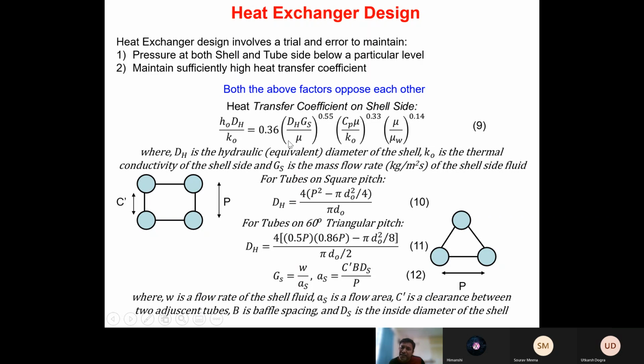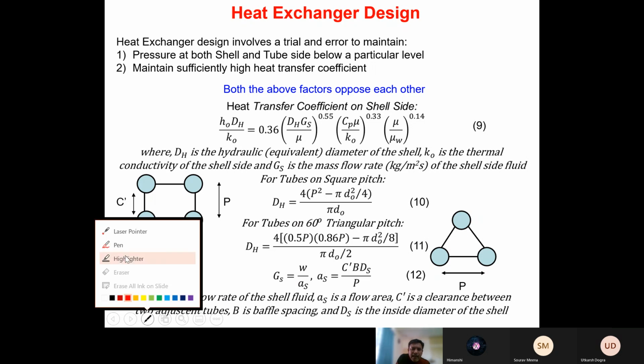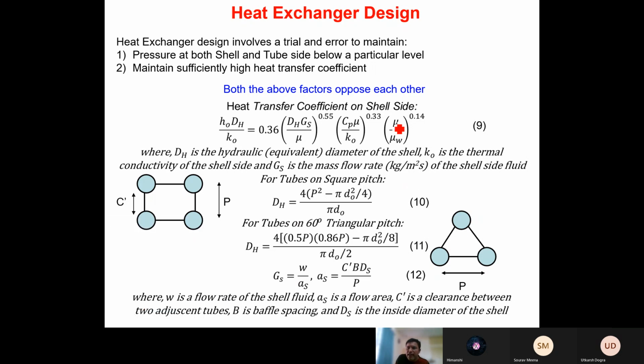Okay, but this is not the Dittus-Boelter equation. This is slightly different from that. And why? Because we do not have a pipe flow here. The situation which we are looking at here is not exactly a pipe flow, but slightly different. Here you can see that we have a bigger pipe which is called the shell, and inside that there are different tubes.